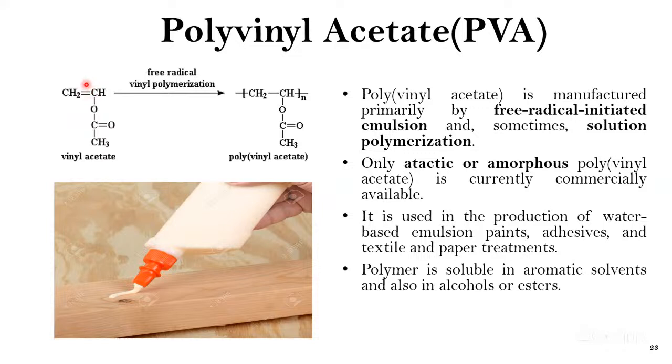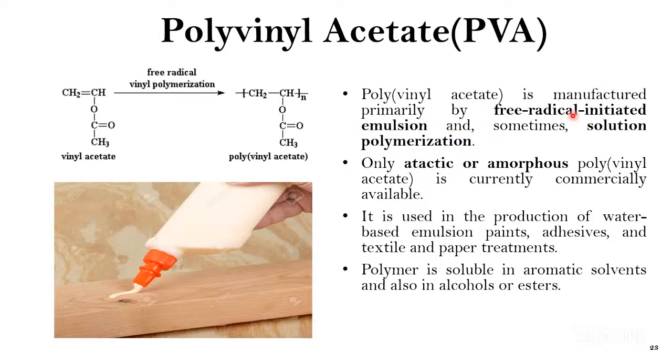As I told you, in every vinyl polymer this part is very common: the double bond between these two carbons is the vinyl, and you will find it in every vinyl polymer. This portion is the acetate. When we do free radical polymerization using some initiator, it undergoes addition polymerization and we get polyvinyl acetate.